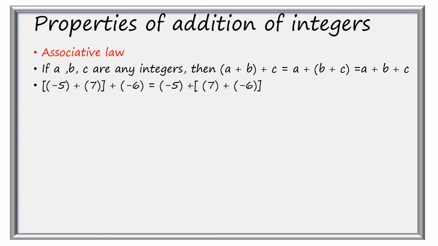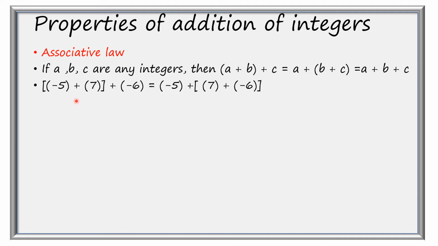Here are three integers, minus 5, 7 and minus 6. If we add minus 5 and 7 first and then add minus 6, it doesn't matter. We can change the order. We can add 7 and minus 6 first, then minus 5. We will get the same answer in both cases.